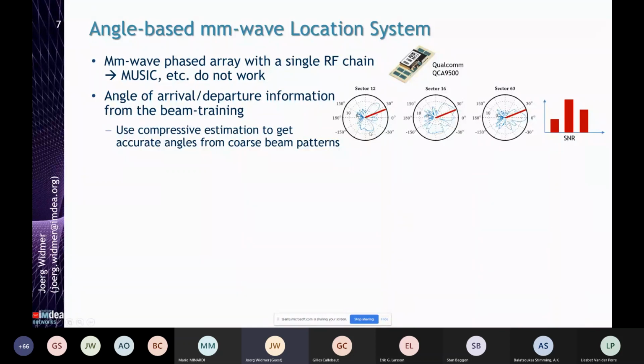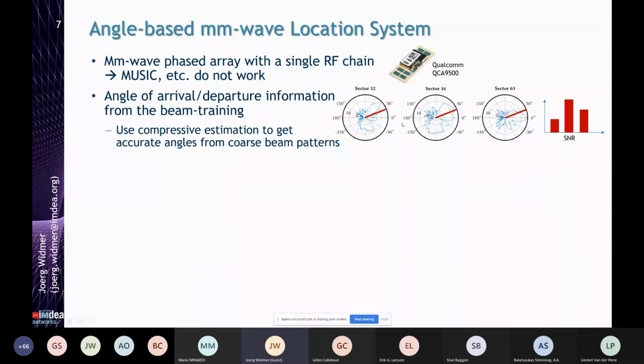That's one sector. So now if you try multiple different sectors, what you will observe is a sequence of SNR values. And now if you know what your antenna patterns look like, the question you're asking is really, given that I've observed this sequence of SNR values, which angle corresponds to this sequence?